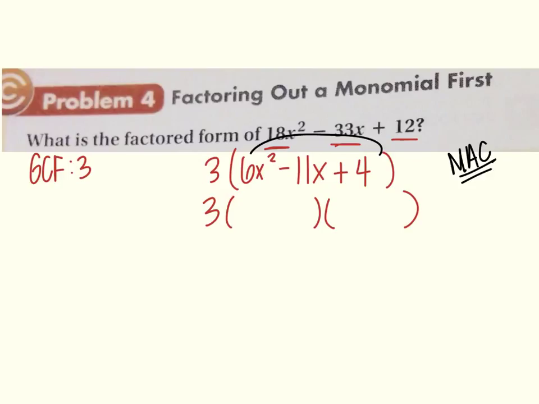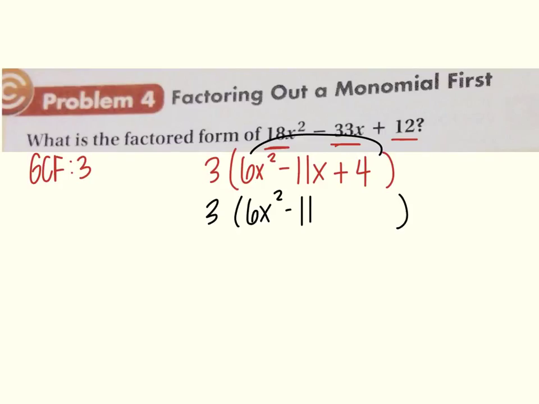Multiply A and C. I'm going to leave the 3 out front, but I'm going to rewrite it after I multiply A and C. So it's going to be 6x squared minus 11x plus 6 times 4 is 24.